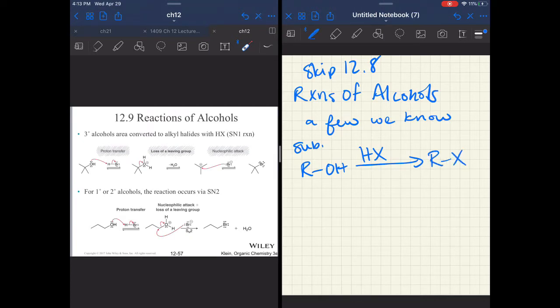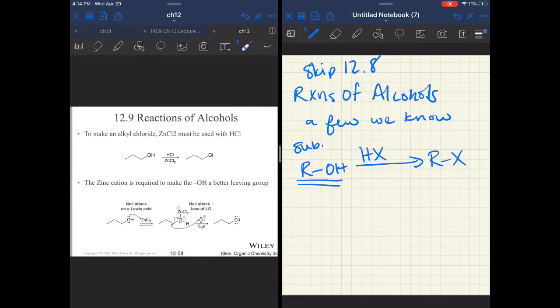That can go through SN1 or SN2, just depending on your substrate. You start off by protonating the OH in either mechanism. And then the second step, it just depends on if you're doing SN1, leaving group leaves, or SN2, where it's all concerted. But this is chapter 7 review. So we're not gonna hang around there for a long time.